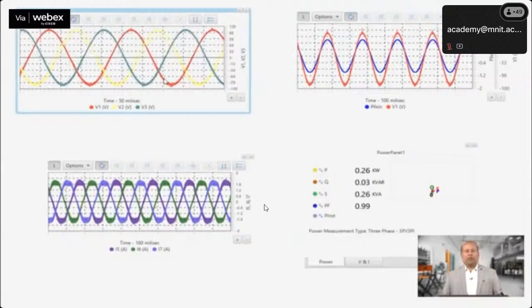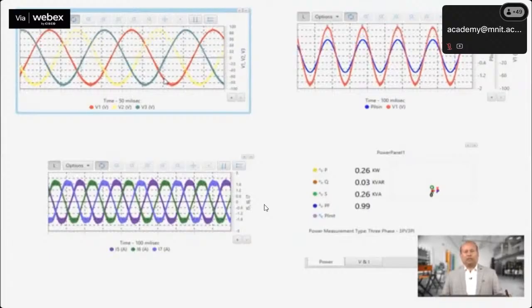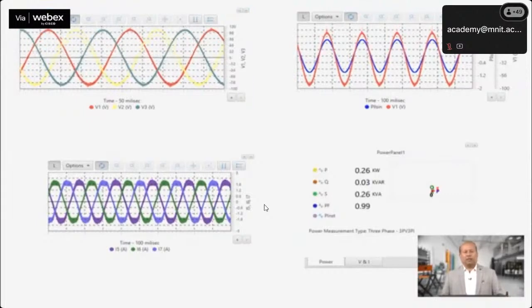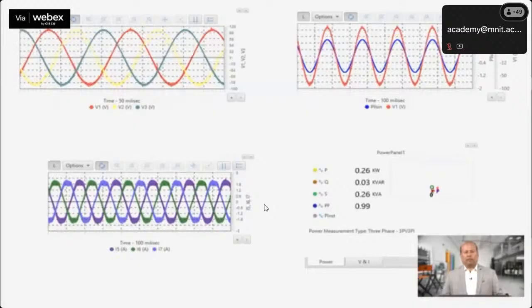Here we can observe the node voltage of the IIT Roorkee network in the left top waveform as 60 volts line to neutral RMS, which has been scaled down from 415 volts line to line RMS for the PHIL experimentation with the help of a power amplifier.